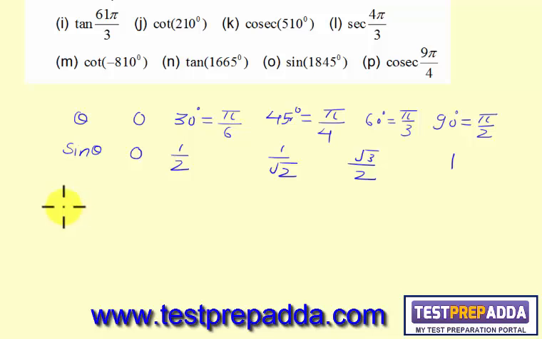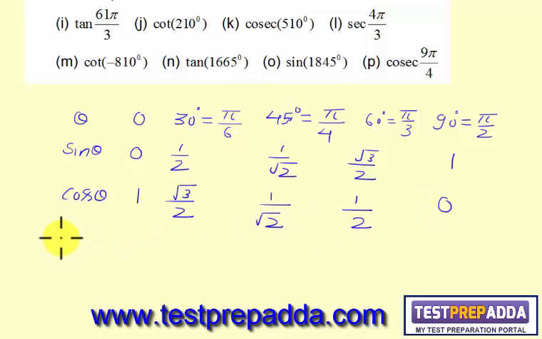Sine 90 is 1. Similarly, if I write cos theta, cos 0 is 1. Cos pi by 6 or 30 degree is root 3 by 2. Cos 45 degree is 1 by root 2. Cos 60 degree or cos pi by 3 is 1 by 2 and cos 90 degree or cos pi by 2 is 0.